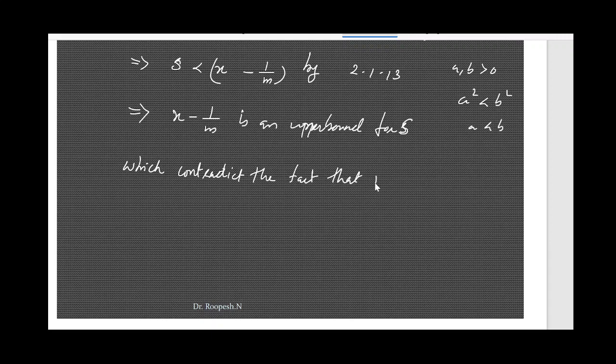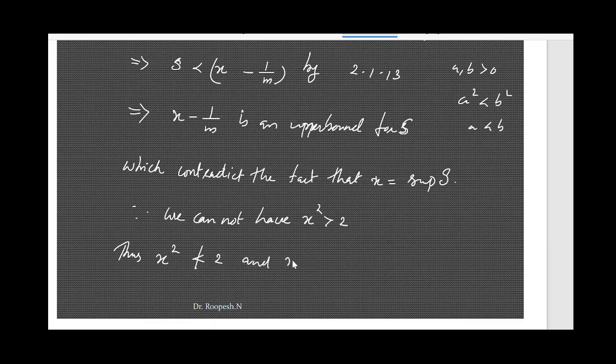that x equals the supremum of S. Therefore, we cannot have x square greater than 2. Thus, x square less than 2 is not possible and x square greater than 2 is also not possible, which implies x square equal to 2.